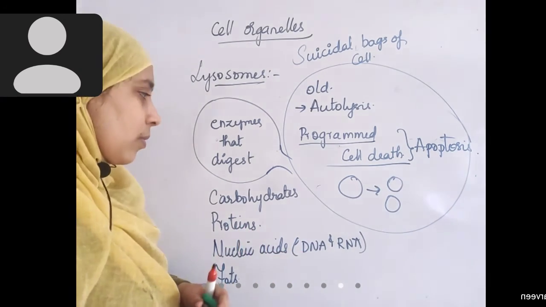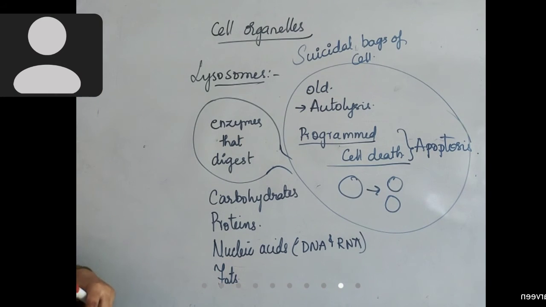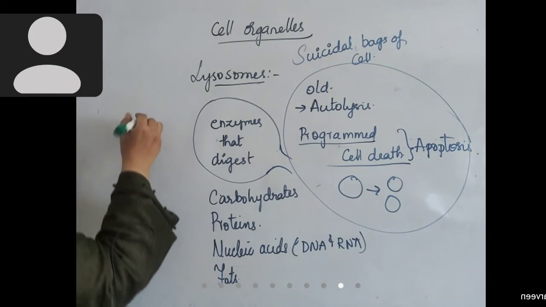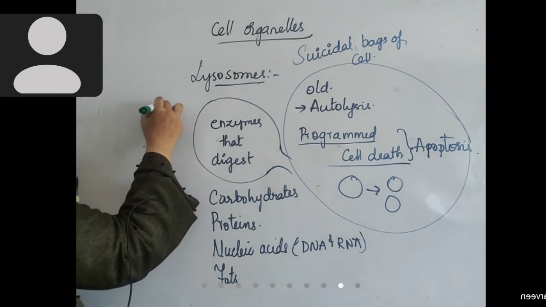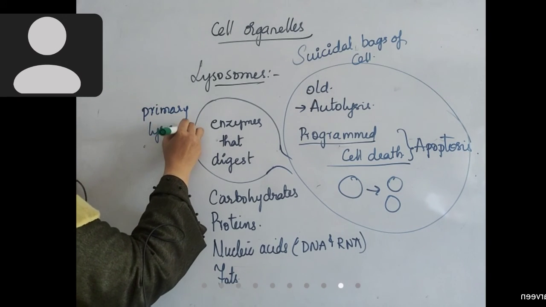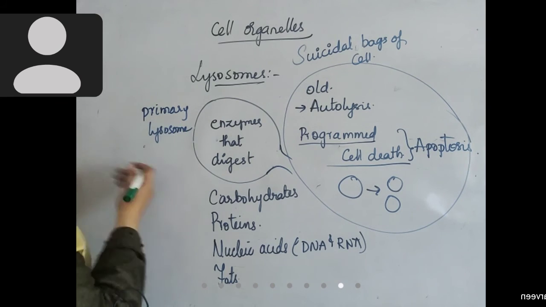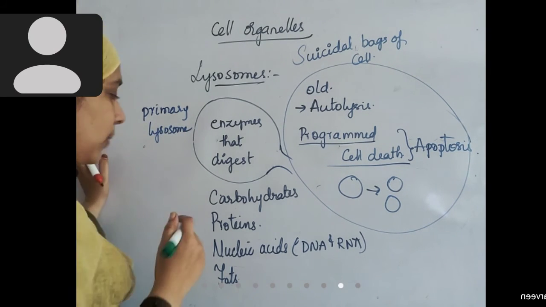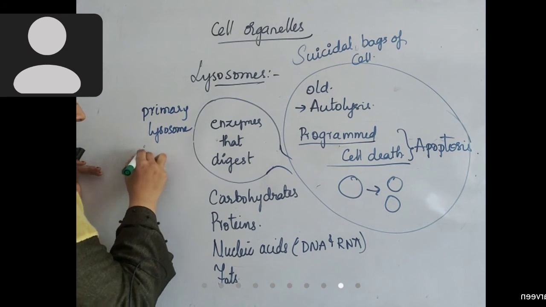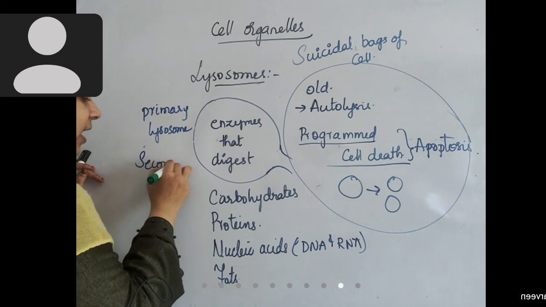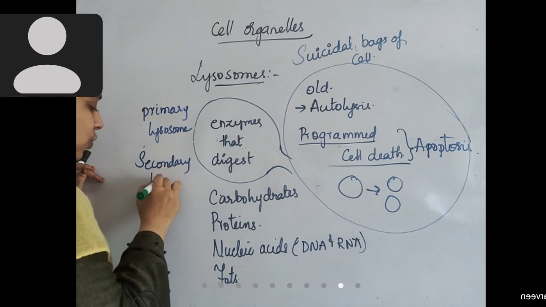Okay. So there are stages in the formation of lysosomes. When it is not completely formed, it is called a primary lysosome. First of all, it separates itself from the Golgi complex. When it is able to form proteins, these enzymes are nothing but proteins, at that time it is called a secondary lysosome.